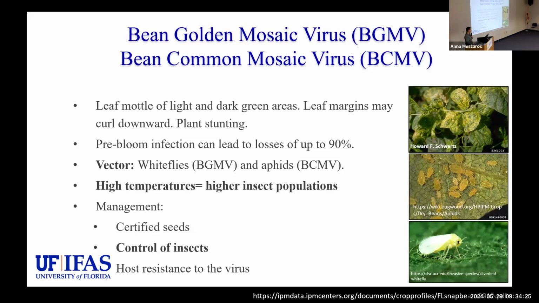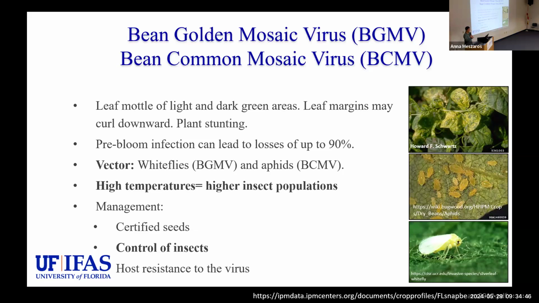And if that occurs like pre-bloom, that infection can lead to losses by up to 90%. So that's very important. And then if we talk about viruses, the seeds can be infested with that virus.